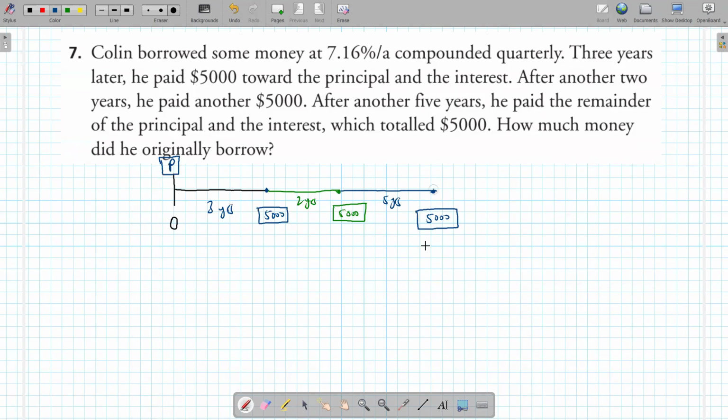And this completely cleared off his debt, basically, including principal and interest. Now the question is, how much money did he borrow initially?